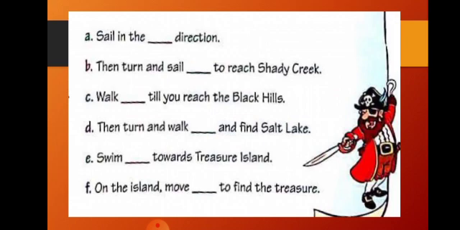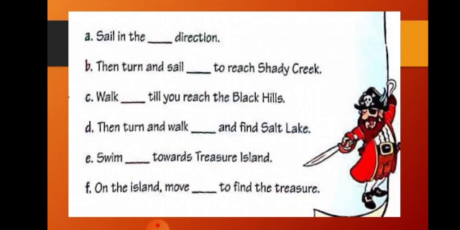Then turn and walk E and find Salt Lake, that is east side. Now E, swim S towards Treasure Island. Swim south towards Treasure Island. F. On the island, move southwest, that is SW, to find the treasure.